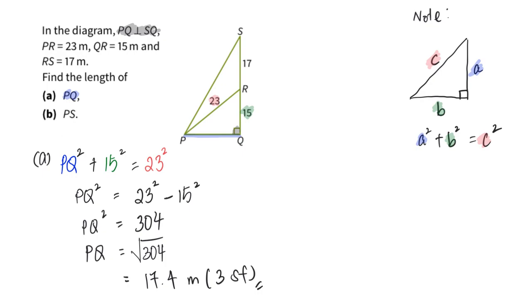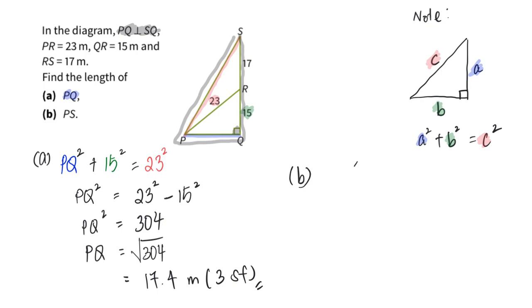For part B, find the length of PS, which is this long line here. So I'm going to focus on the whole triangle. So I'm going to just redraw PQS.